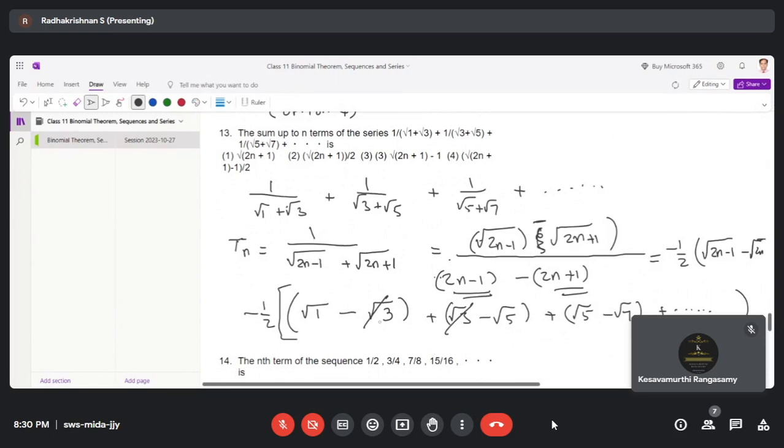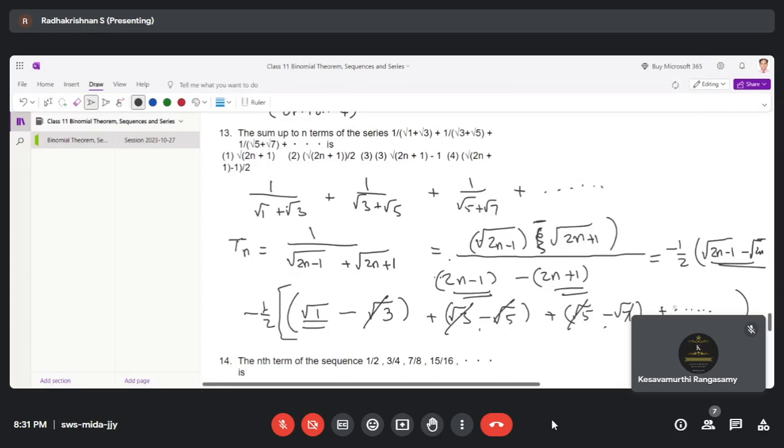Then again, this will get cancelled, and everything will cancel. So what remains is only this. Okay, but they are asking for the sum to n terms, not infinity. So n terms means, this is your first term, this is your second term, this is your third term. So what will be the nth term?